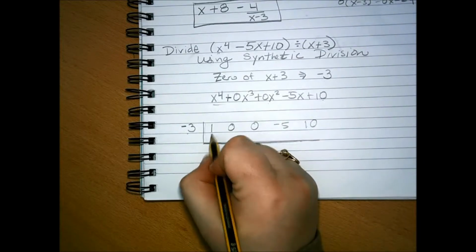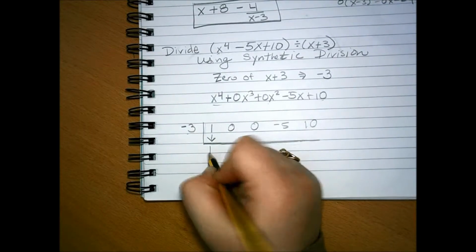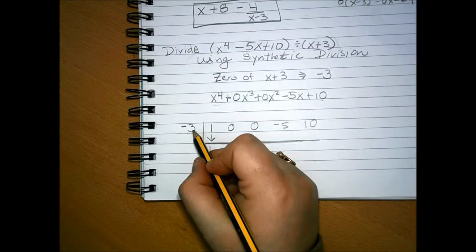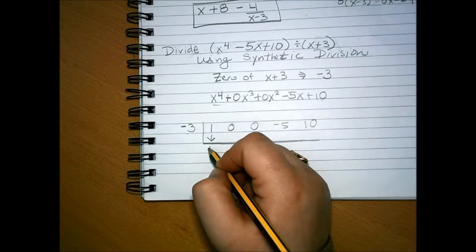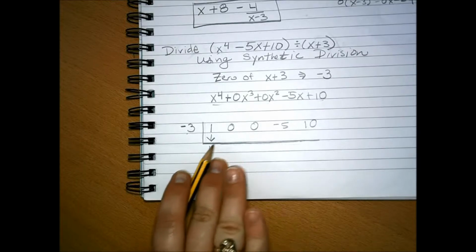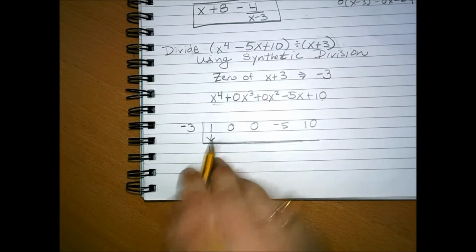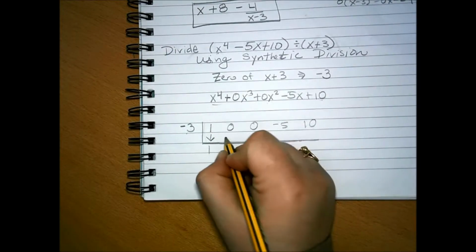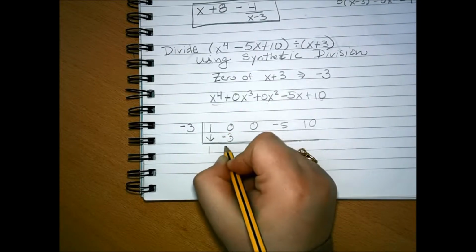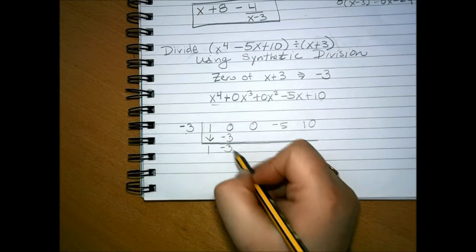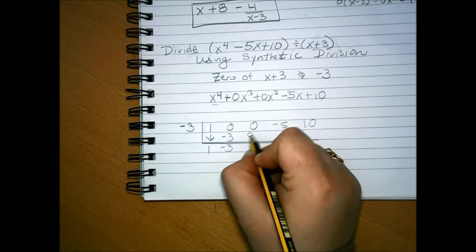Now, I'm going to bring down the 1. Now I'm going to multiply instead of divide, so it's going to feel like you're doing the opposite of what you do in long division. -3 times 1 is -3, and we're going to add these two terms. -3 times -3 is 9.